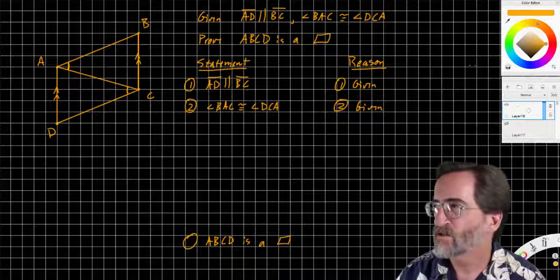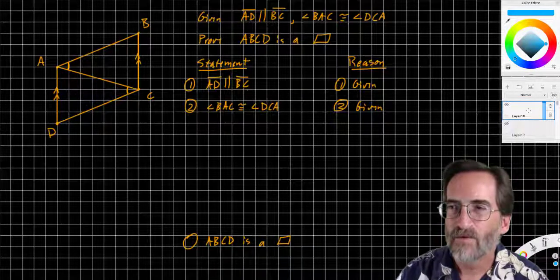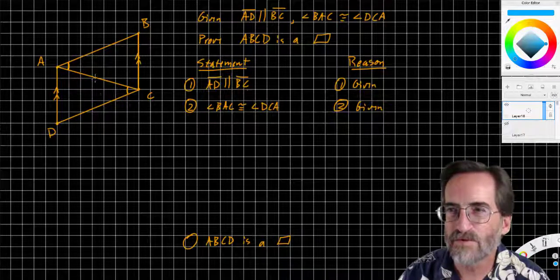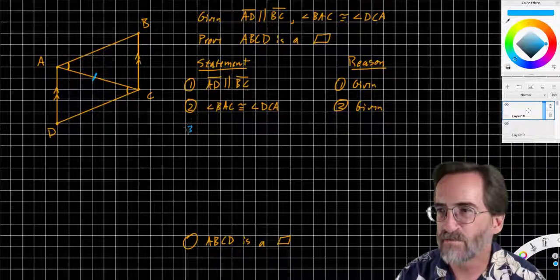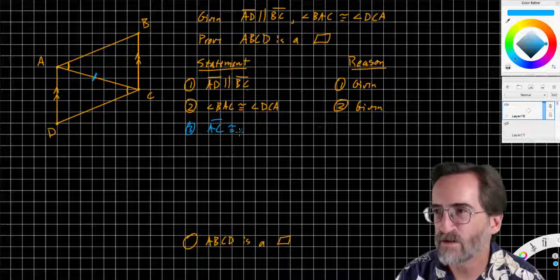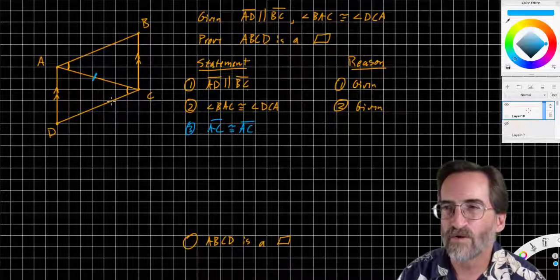All right, so here we go. Let's see what we know here. Okay, well, here's something I'm going to use. I'm going to use this fact here that AC is a side in both triangles, right? So statement number 3 is going to say AC is congruent to AC, or CA, right? AC is congruent to AC.